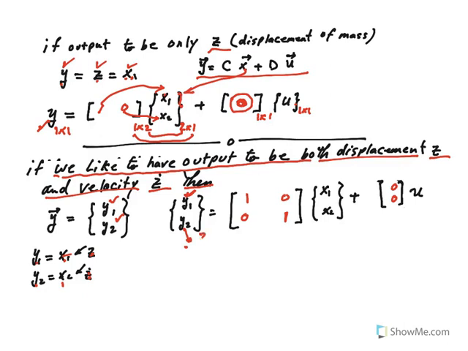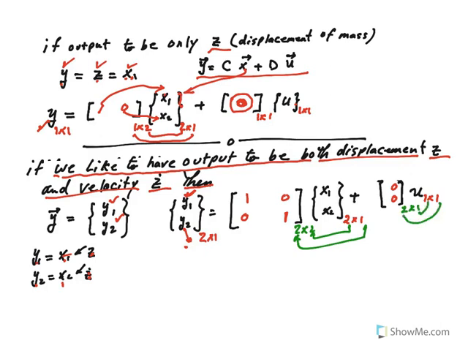So now look again. This is now a 2 by 1. This is a 2 by 1. This is a 1 by 1. So this must be a 2 by 2 then, right? And the dimensions of these, by the way, are very important. Otherwise, if you put the wrong size of the matrix into Simulink, you're going to see an error message. This is a 2 by 1, which will give me a 2 by 1 again.